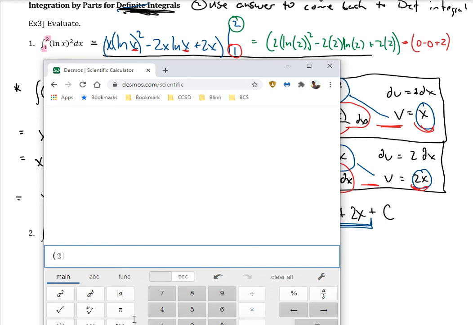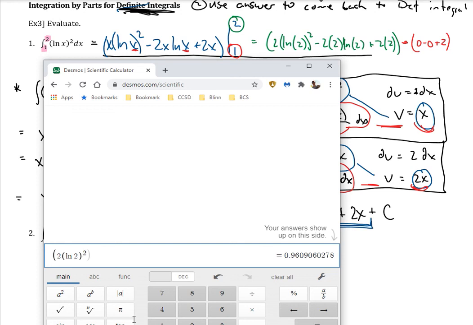So 2 parentheses ln of 2 squared, like that, and then minus 2 times 2 ln of 2, and it looks like I forgot one parenthesis. Let me put it on there to make it match exactly. There we go. And then plus 2 times 2, and then parentheses, and there we go.